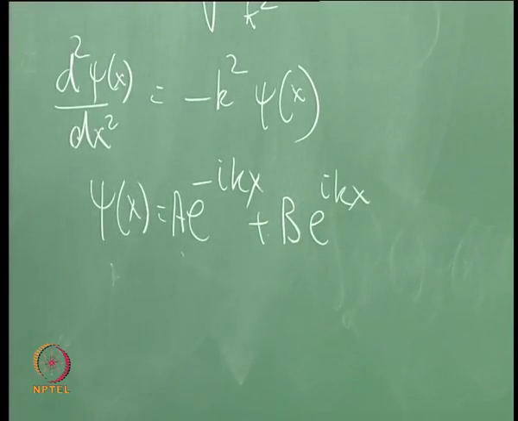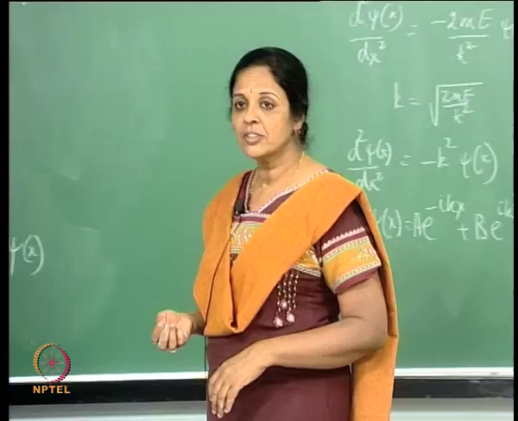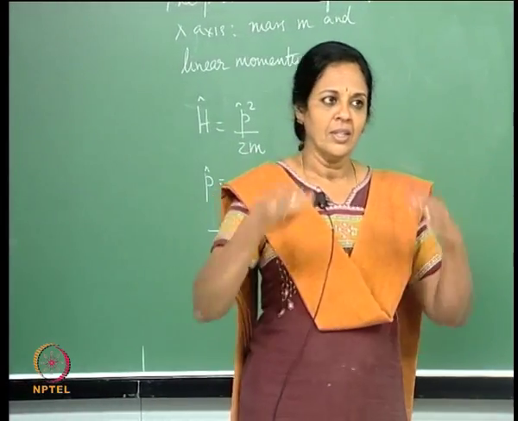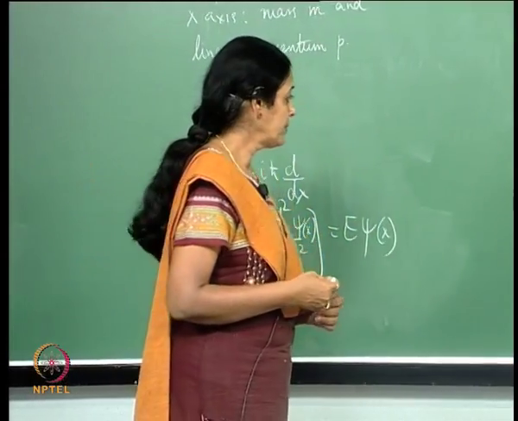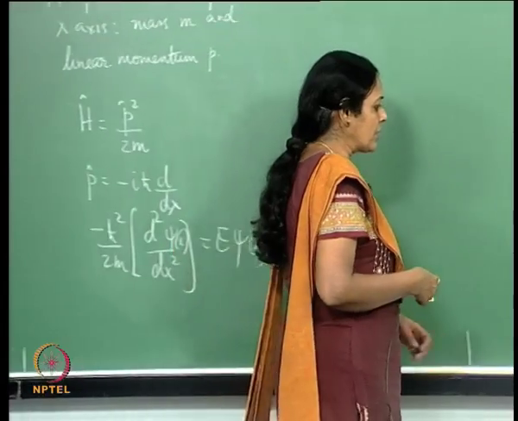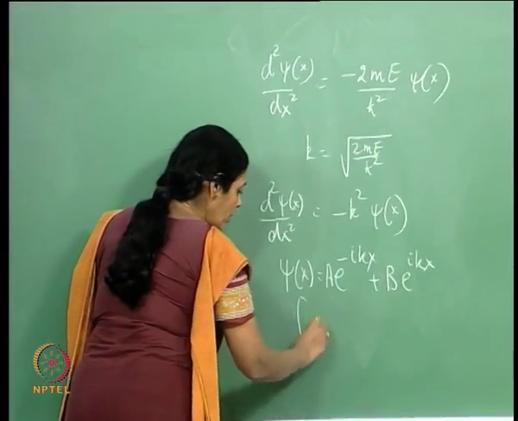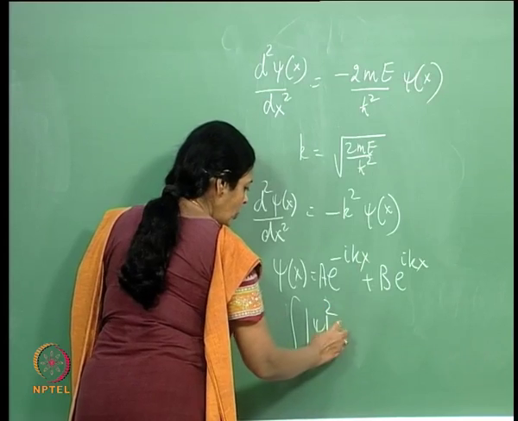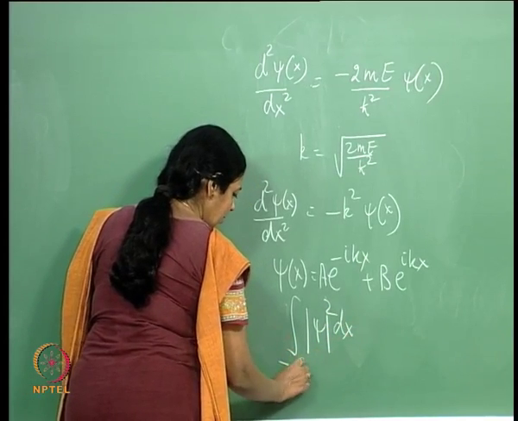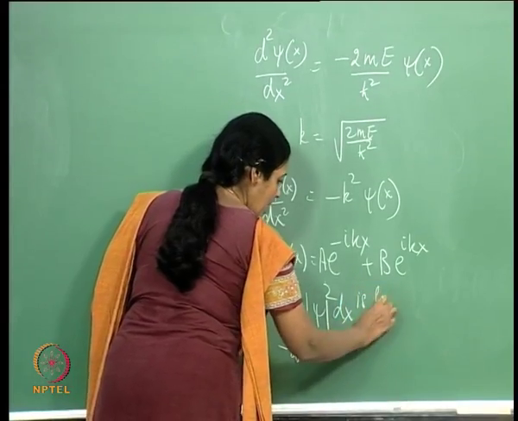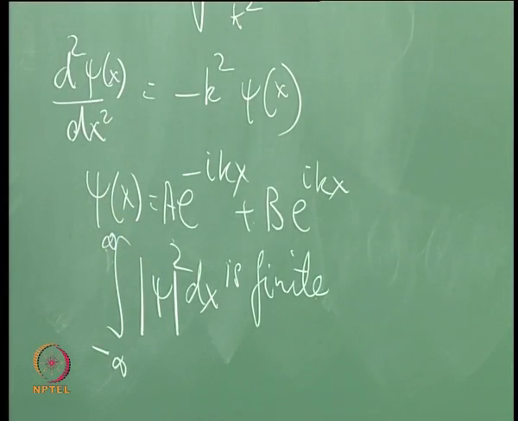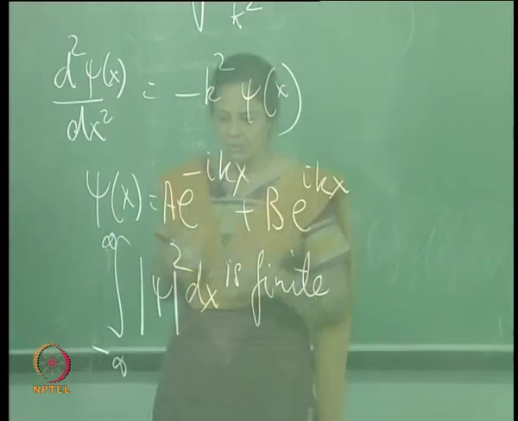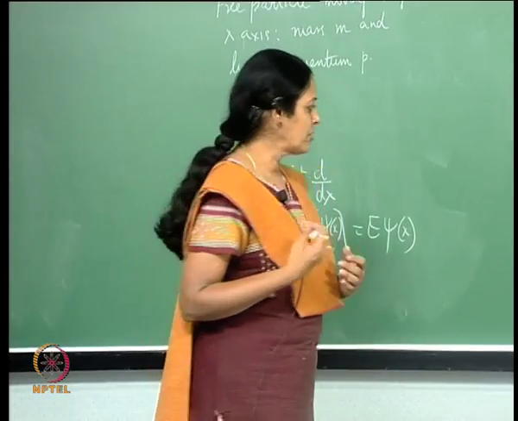It is a free particle, so I should be able to use boundary conditions. What happens at psi minus infinity and psi plus infinity, that is for x going to plus or minus infinity, what is the value of psi? Now there is a probabilistic interpretation to all this, and since I do require that the integral of modulus psi squared dx is finite, otherwise psi is not even normalizable, I am working in the space L2, which is the space of square integrable functions.